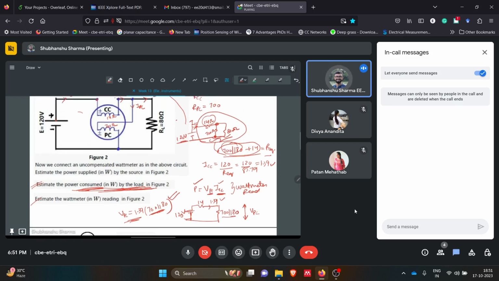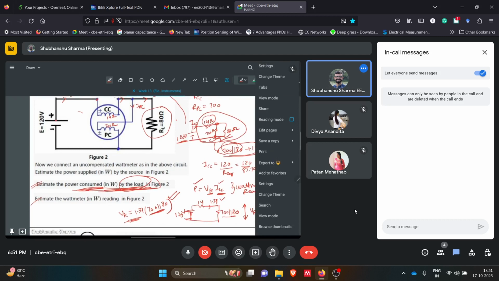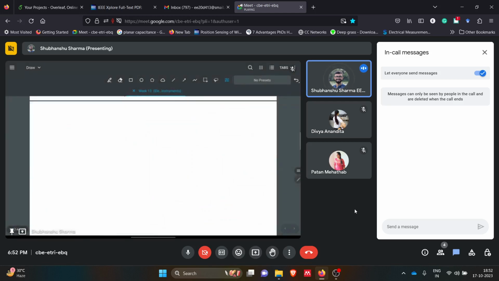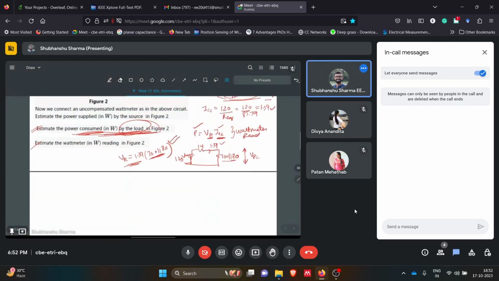But now to calculate the power of the load, see, the load is this one. I'll add a page here. So now we have to calculate the load resistance.